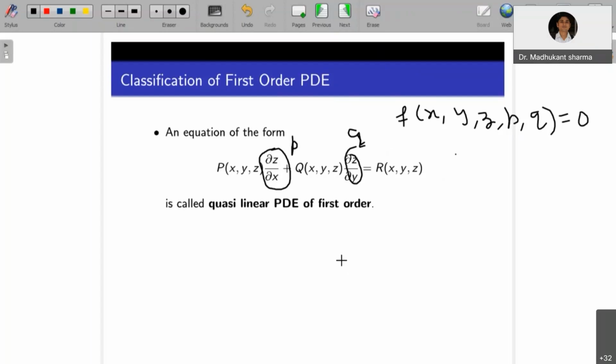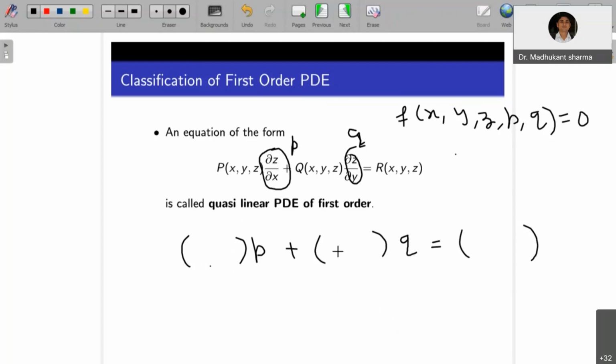The very first thing is p to the power 1 and q to the power 1, hence the index of the highest order derivative is 1. These are all possibilities, not necessary. If you are able to write this equation in the following form, you have the coefficient of p, the first order partial derivative with respect to x, plus the coefficient of q, equal to the right hand side.